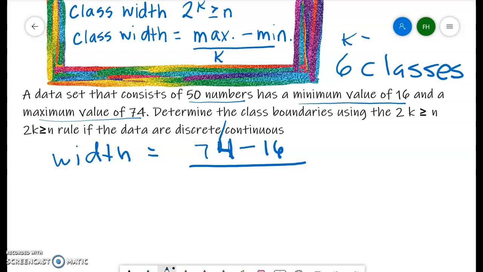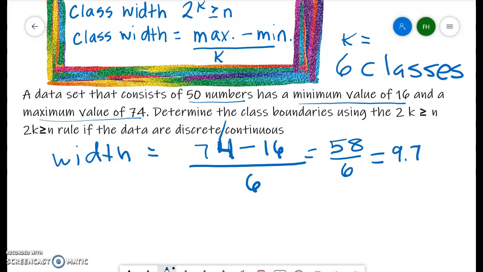Remember, k is the number of classes, which is 6. So if we subtract 74 minus 16, that would be 58 over 6, and I believe that is 9.7.